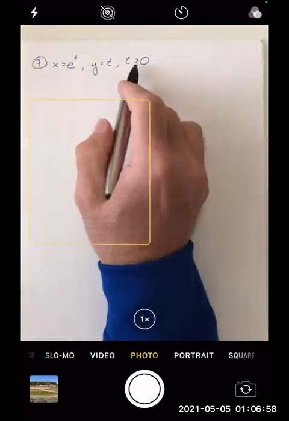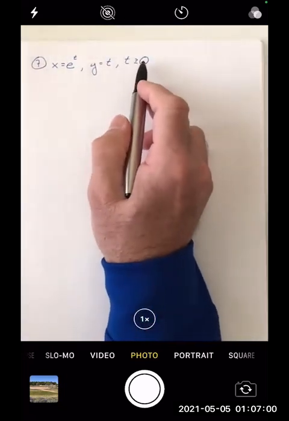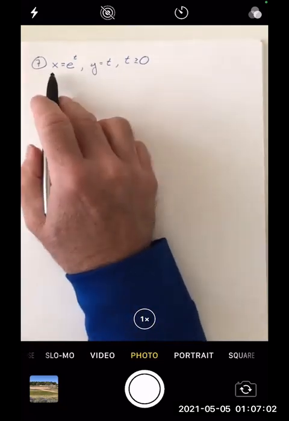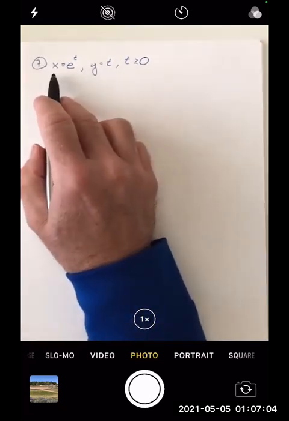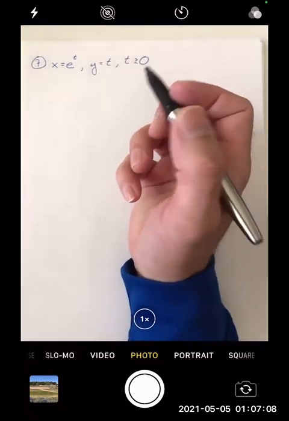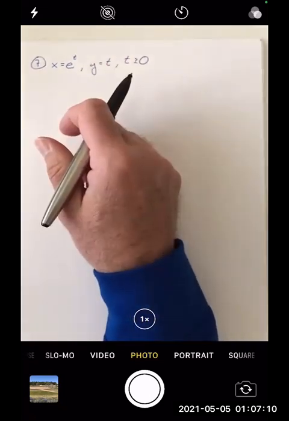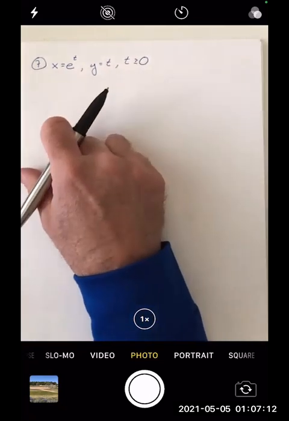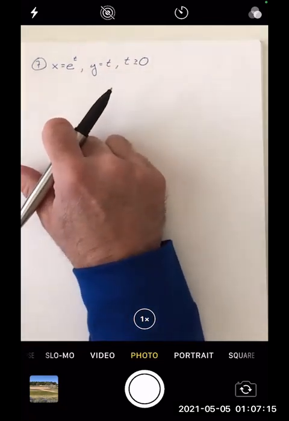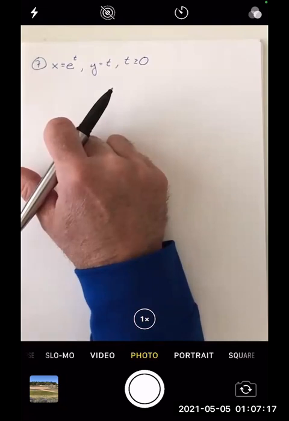Okay, so t has to be greater than or equal to 0. What kind of values could x be? Can they be positive? Can they be negative? Both?